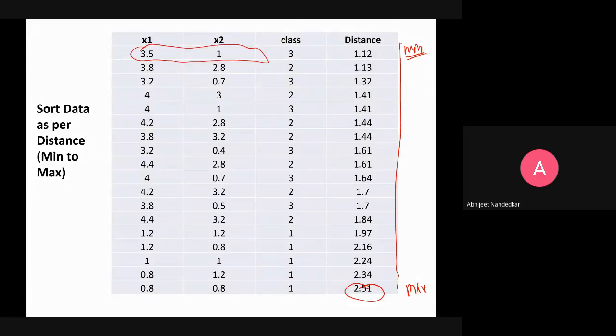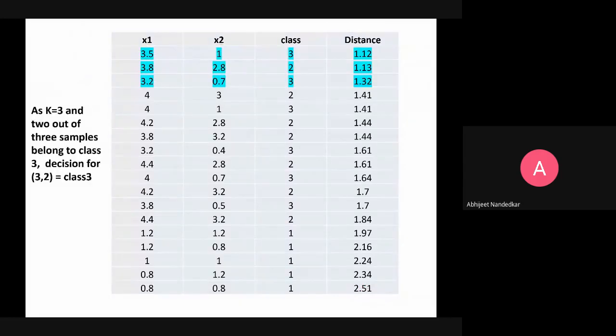If I consider k equal to 1, that means I will consider only the nearest sample. Then the label of that is 3. So I can take a decision that 3 2 belongs to omega 3. Now instead of that, suppose I take k equal to 3. That means I will take 3 nearest neighbors to take a decision. Then I take that sorted list and consider the 3 closest samples.